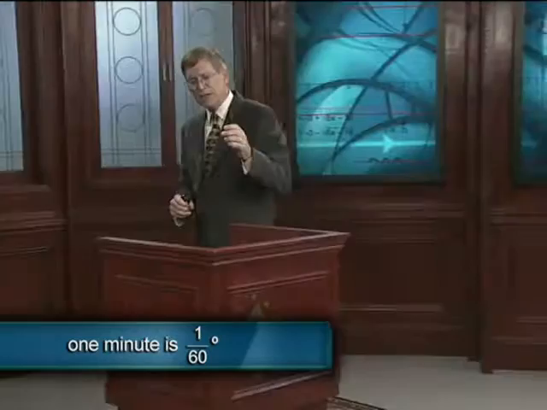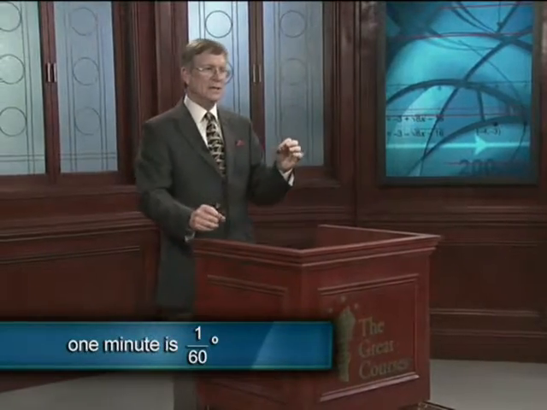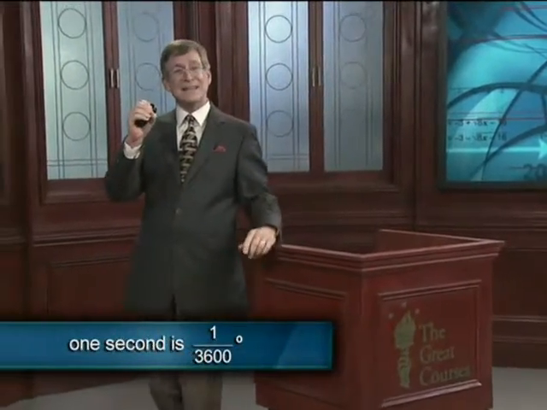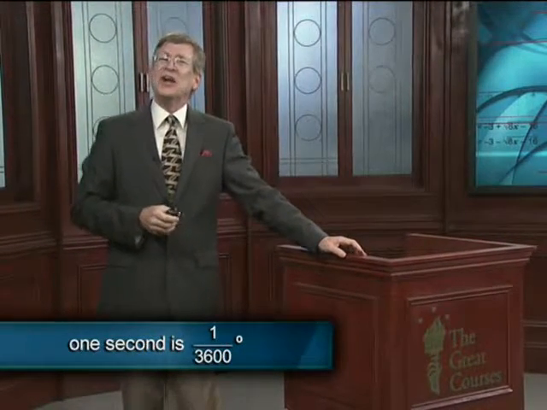A 1 minute is defined to be 1/60th of a degree, and 1 second is defined to be 1/3600th of a degree. So it's kind of a strange way to measure angles, but it's commonly used in certain areas of science.